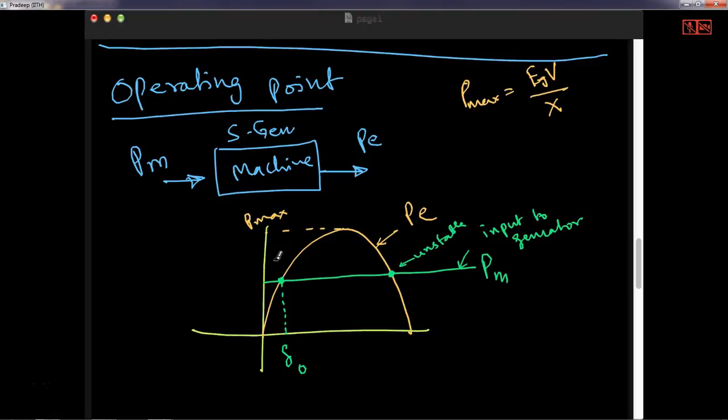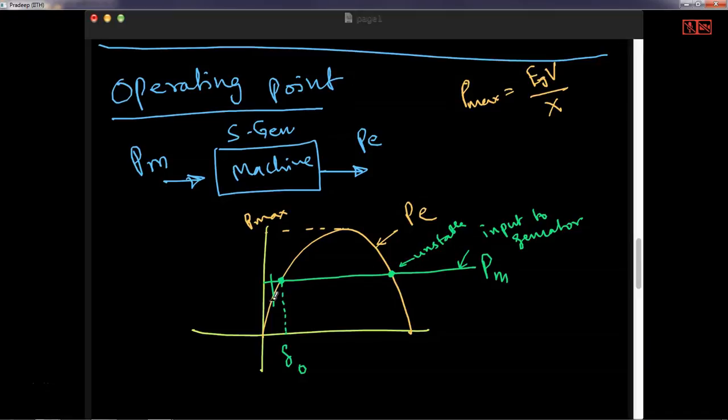Or to consider another case, let's say I slightly move to the right side. The electrical power is more, the mechanical power is less. Therefore more energy is removed from the machine, so the machine will slow down and come back to delta naught. So if I move right, I'll come back to the left. Similarly, if I move left, that means the machine is slowing down.